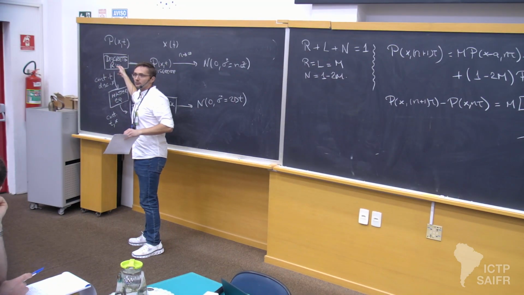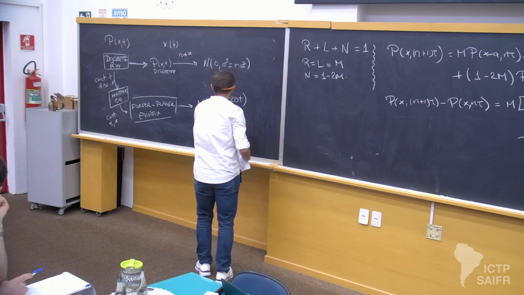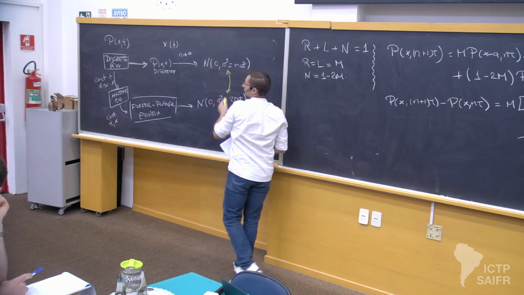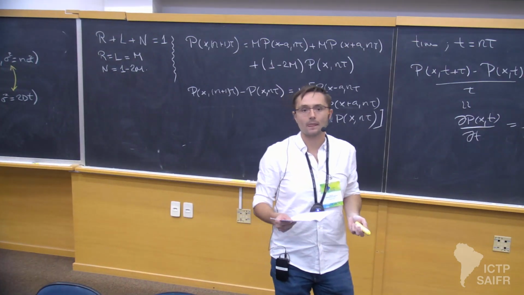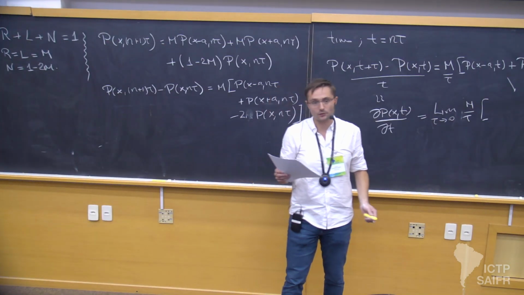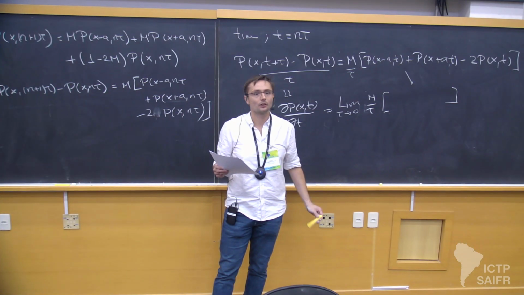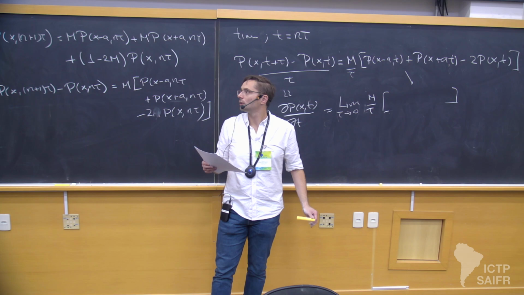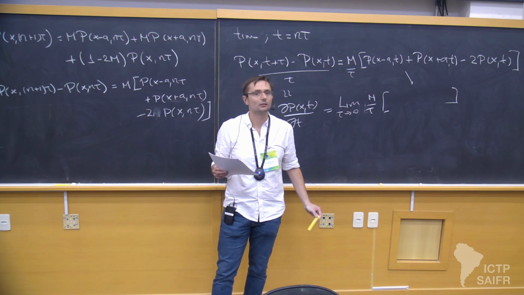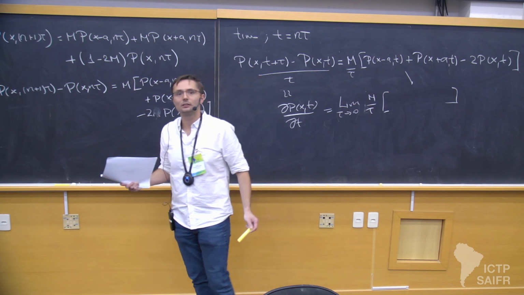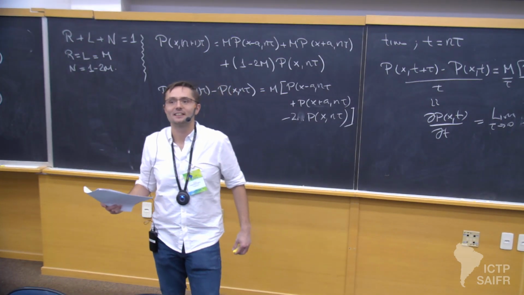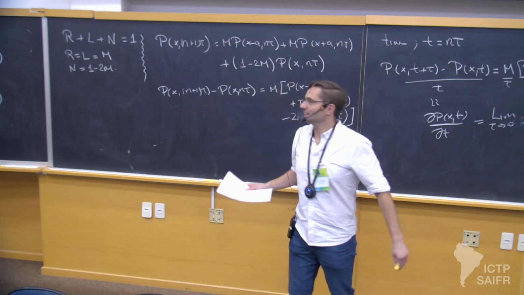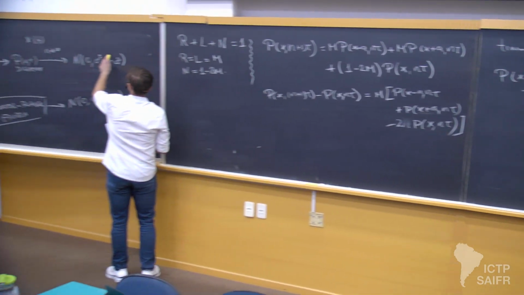So in principle, I should be able to connect these two descriptions somehow, right? How would you try to connect those two descriptions? A little bit. I have n here.